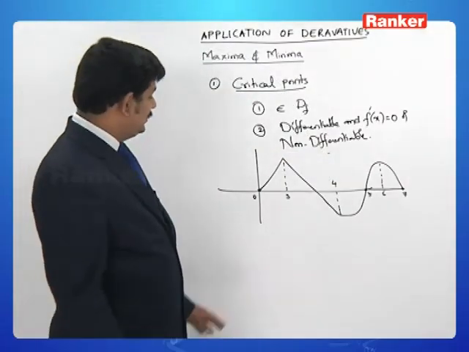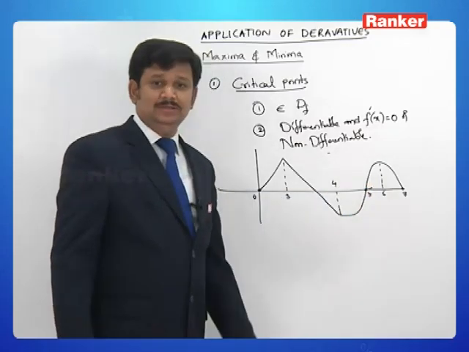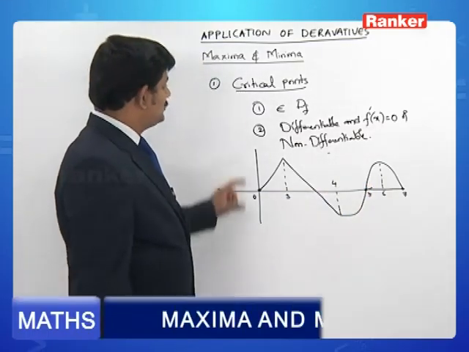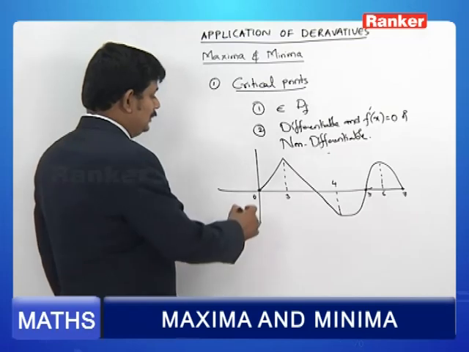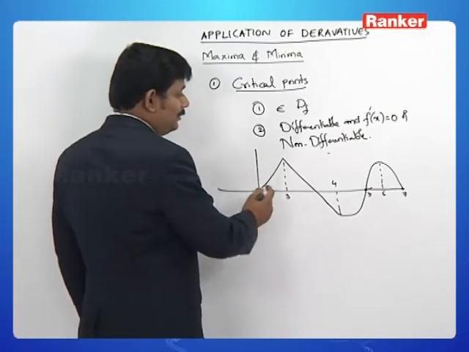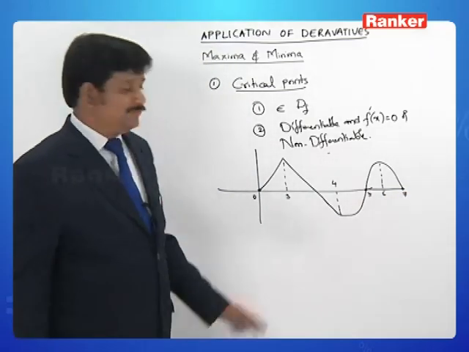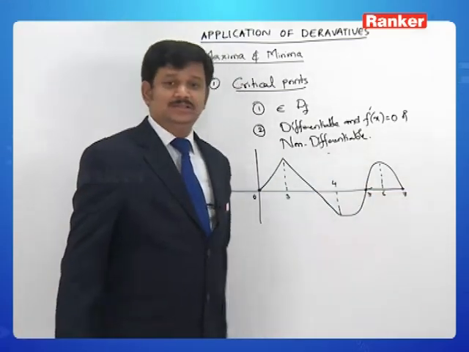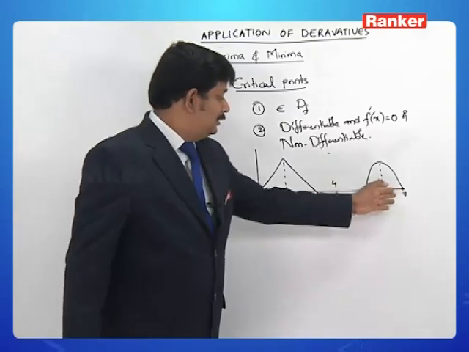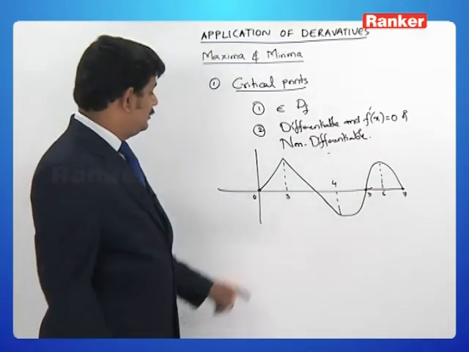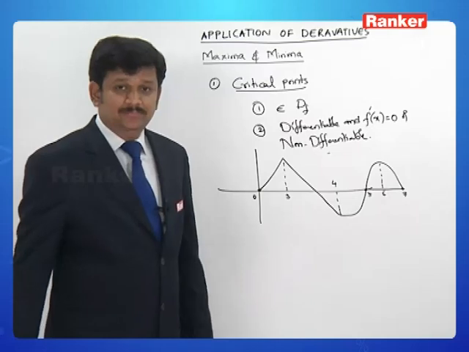So, we are looking at a function whose graph is given from 0 to 7. Critical points on this function are the points which belong to the domain. Each and every point from 0 to 7 is part of the domain of the function. We can see the graph stretching over the entire range of 0 to 7, so each and every number between 0 and 7 is part of the domain.